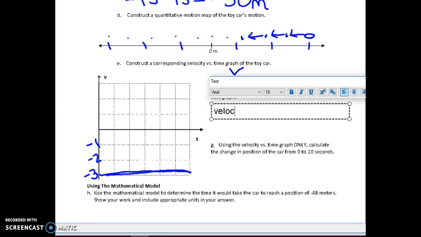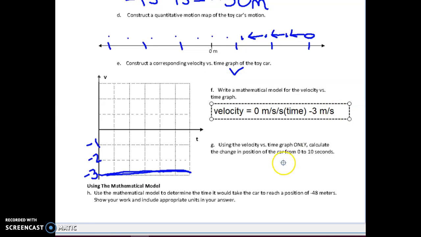I'm going to say velocity equals 0, because my slope is 0, meters per second, times time. And here is where you're going to write your y-intercept. Your y-intercept is negative 3, so you can just do negative 3 or you can do plus negative 3. I'm just going to do minus 3 meters per second. And that is my math model for my velocity versus time graph.